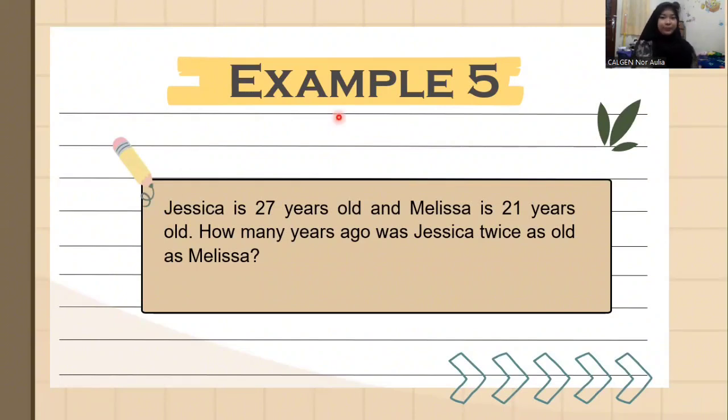Example 5. The question is: Jessica is 27 years old and Melissa is 21 years old. How many years ago was Jessica twice as old as Melissa?